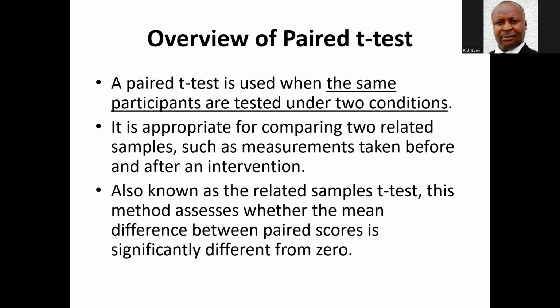For instance, if you checked, let's say, the blood pressure of a group of individuals before the administration of a particular therapy, and after the administration of the therapy, you also took their blood pressure, those scores are now measurements before and after an intervention.